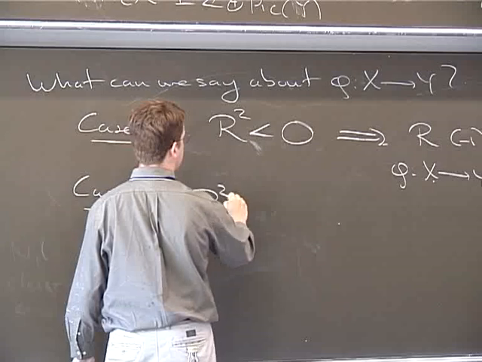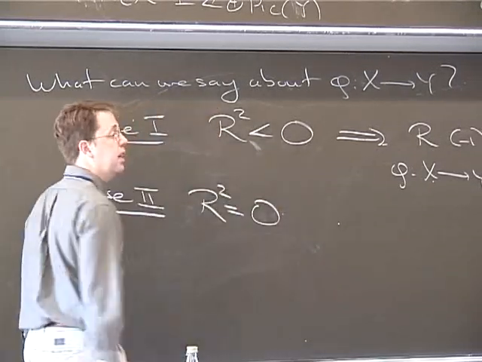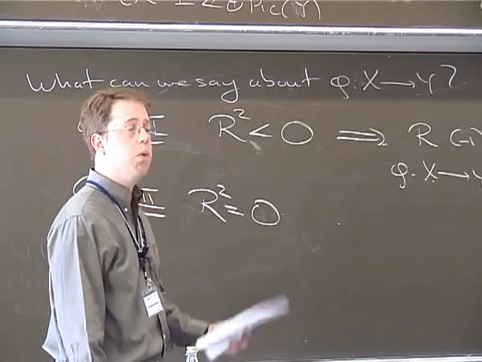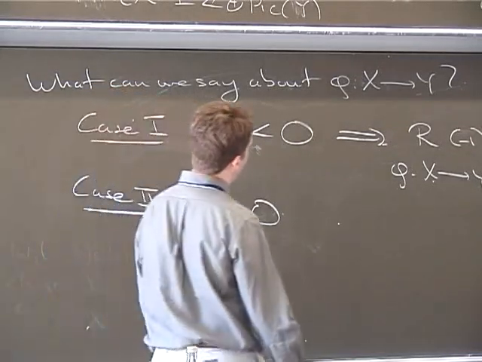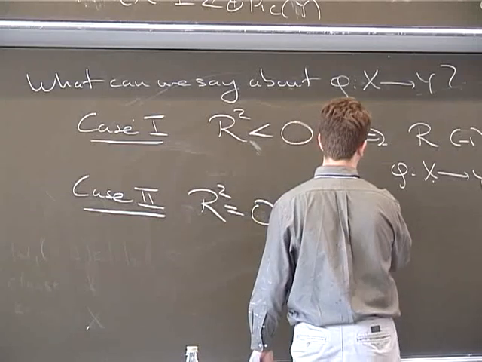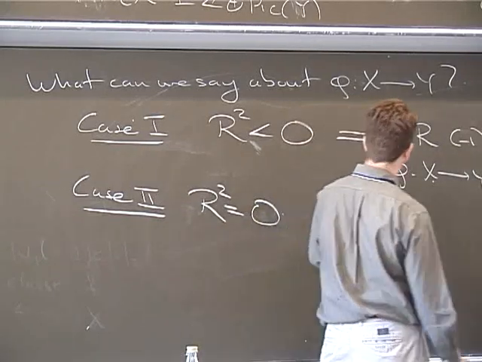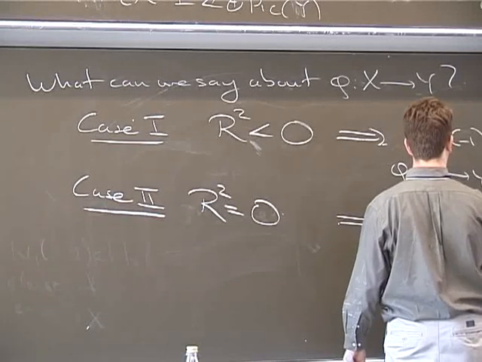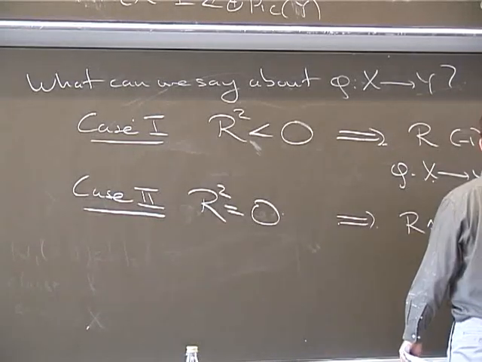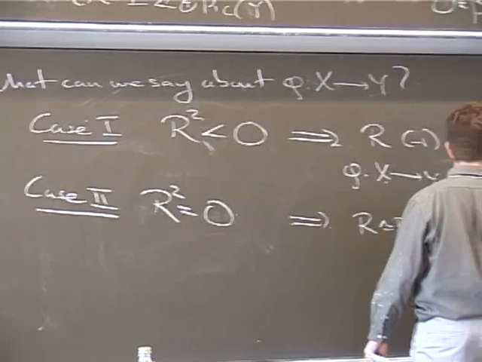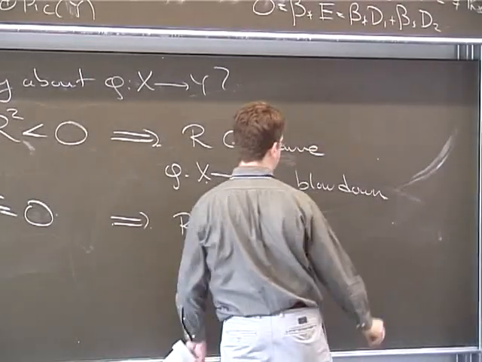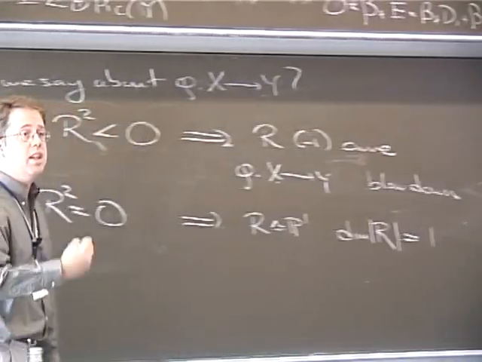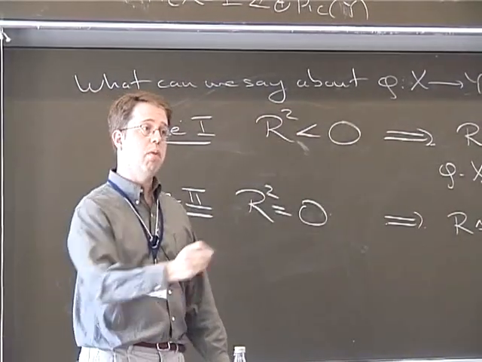But there's no guarantee that R squared has to be less than 0. We could have R squared equals 0. Now, what this tells us is that R is still a rational curve, but the dimension of the linear series containing R is positive by Riemann-Roch.